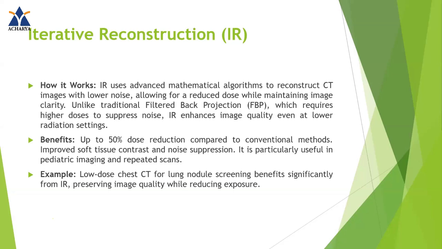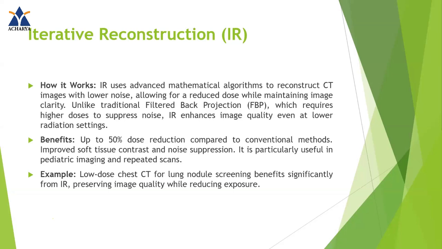When the noise present in the image is eliminated, automatically the soft tissue differentiation, or the soft tissue contrast, is increased, which is mainly useful in pediatric CT scans where the amount of radiation should be as minimal as possible because most of the organs are still in the developing stage.